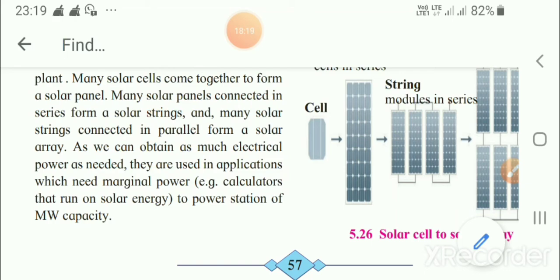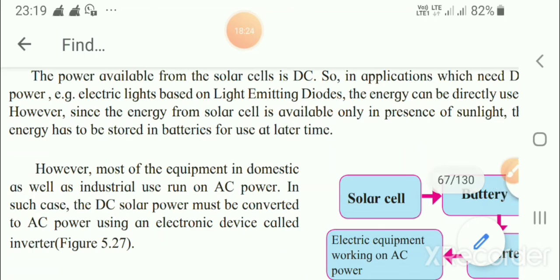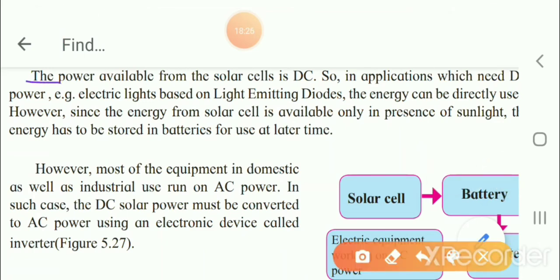So it is used in applications which need DC power, for example the electric light based on light emitting diodes. So here you can see this, and the energy can be directly used. So that is also one benefit, that the energy can be directly used.